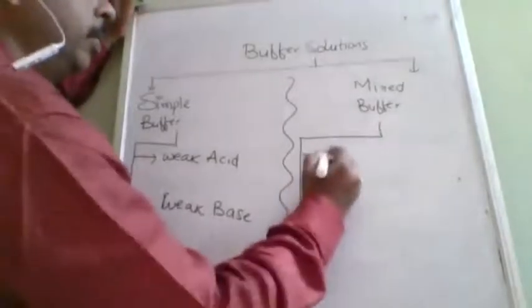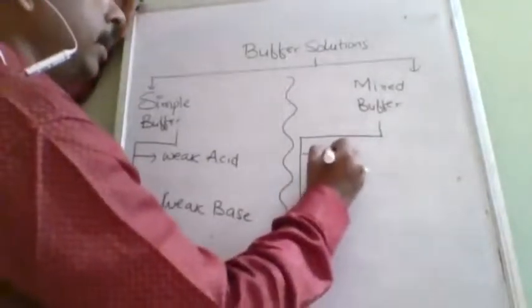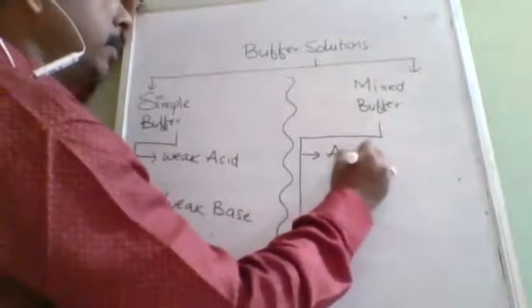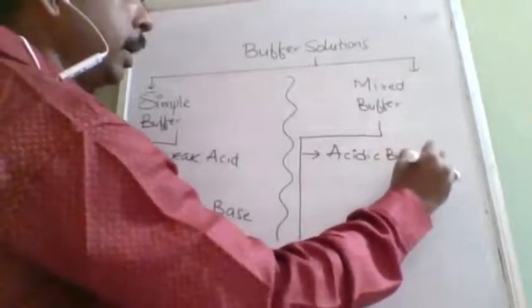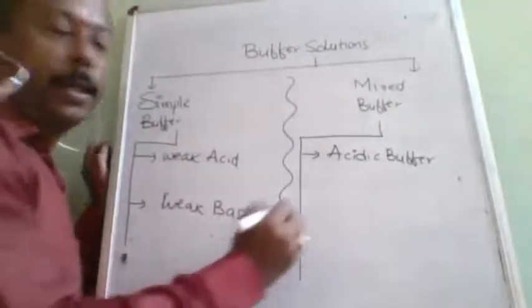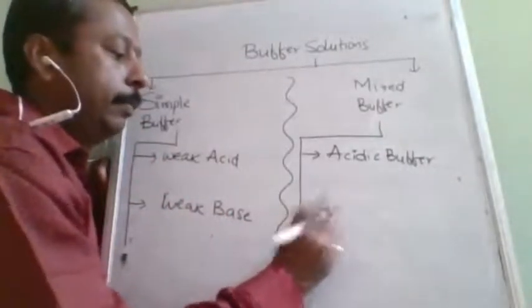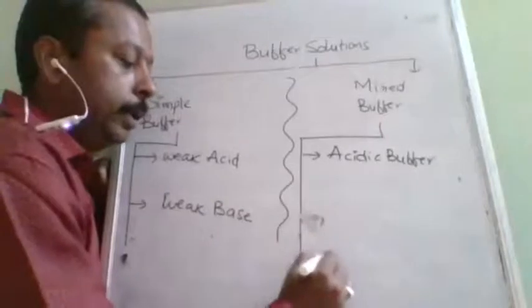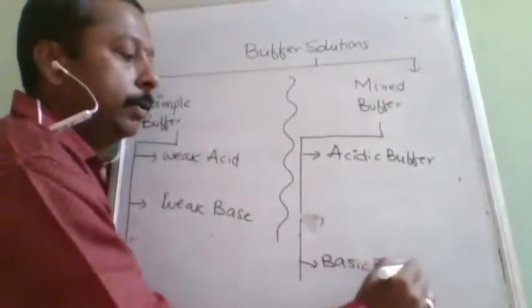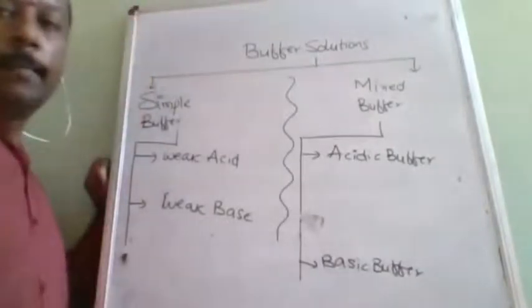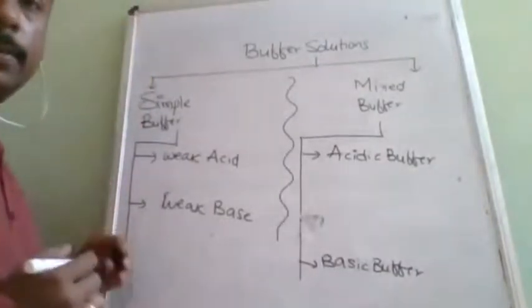These are again divided into two types. The first is acidic buffer, and the second is basic buffer. So these are the two types. What are these?